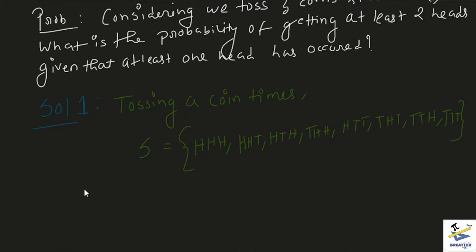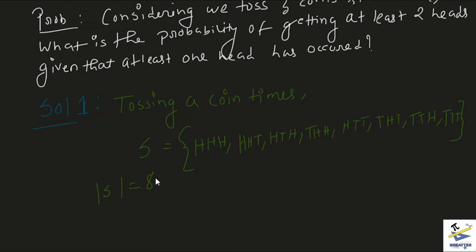So this gives you a total of |S| = 8. Now this is the sample space for tossing a coin 3 times, a fair coin of course. Whenever nothing is mentioned about the coin, we assume it's a fair coin. That is, the probability of getting a heads or a tails is equal.